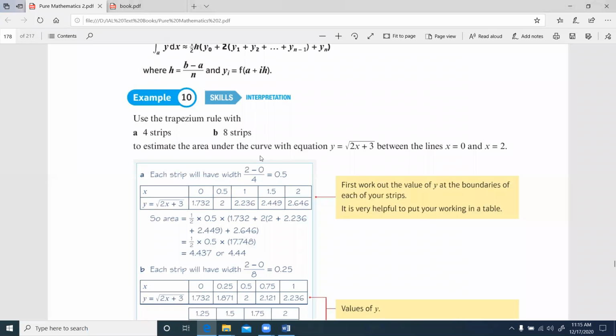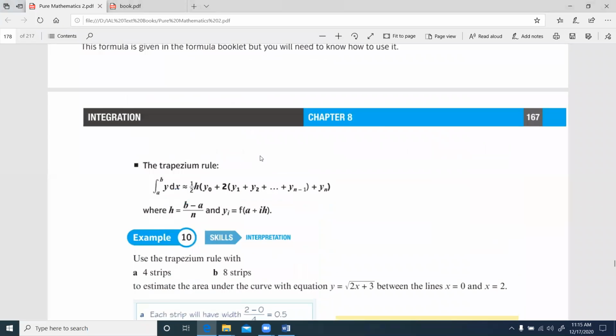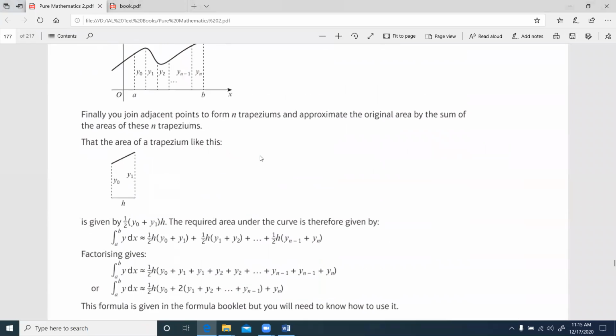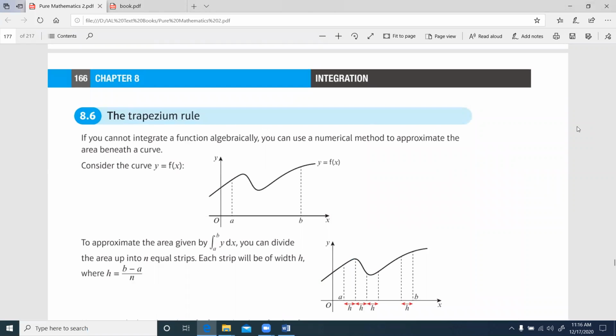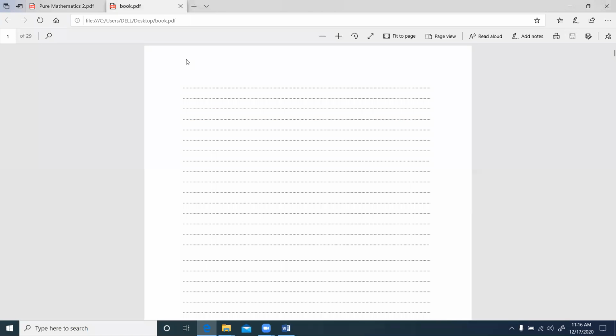Okay, children. Today we are going to start with the new topic in integration, the same chapter. We are going to learn about the trapezium rule. So initially, we'll start with that trapezium rule.